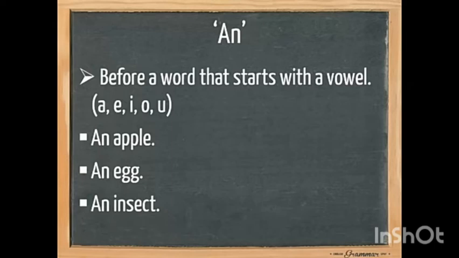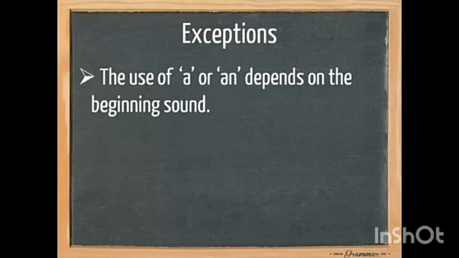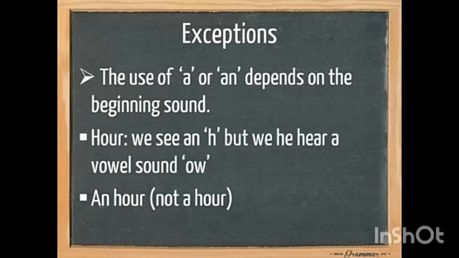But some exceptions are there with the use of a and an. Because the use of a and an depends on the beginning sound. Like hour: we see an h, but we hear a vowel sound. So we use an hour, not a hour.